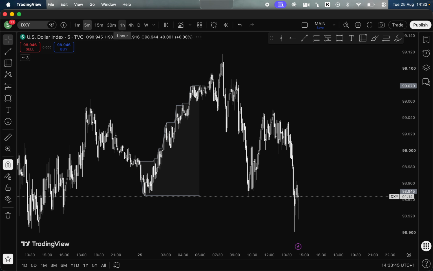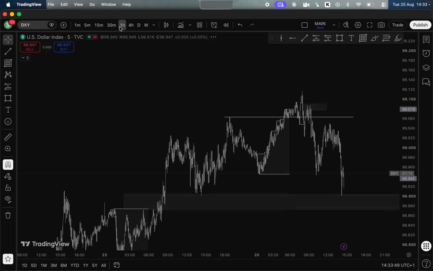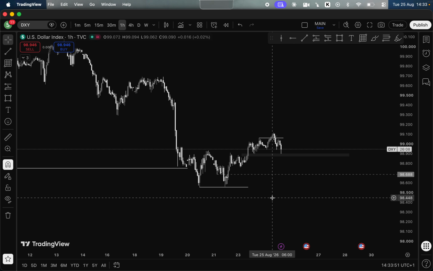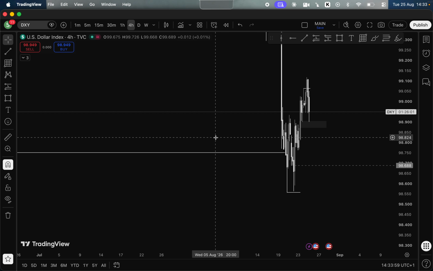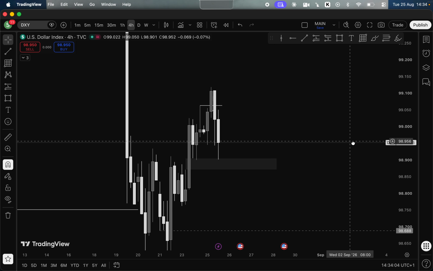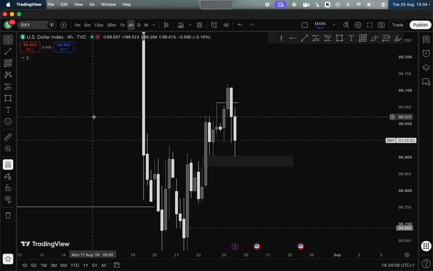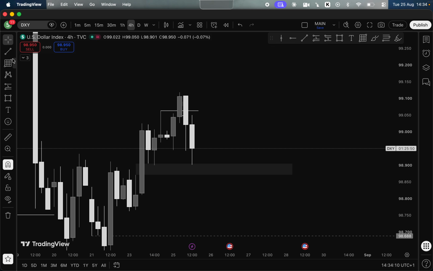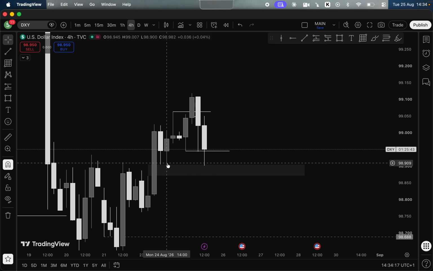Maybe we will, but we have filled a pretty significant amount of this gap anyway. But like I say, it depends on how we close. You've got an hour and 25 on this 4-hour candle. We have this low, and you've got this low inside the gap.